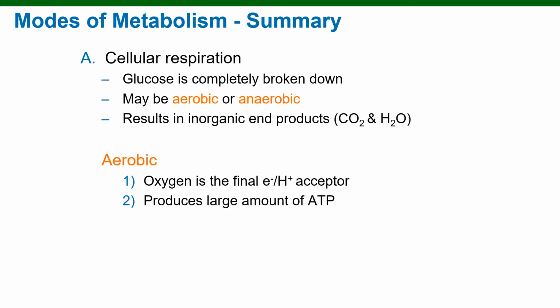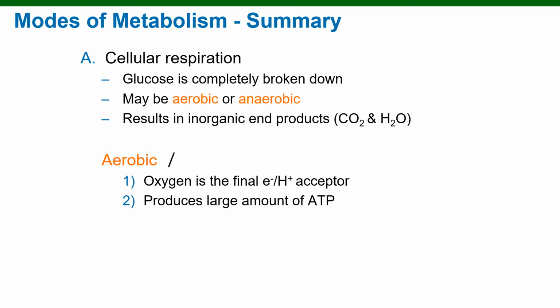One of the most important defining characteristics of respiration as a form of metabolism is the inorganic end products that respiration produces. CO2 is inorganic, and so is H2O, because neither end product molecule contains both carbon and hydrogen.